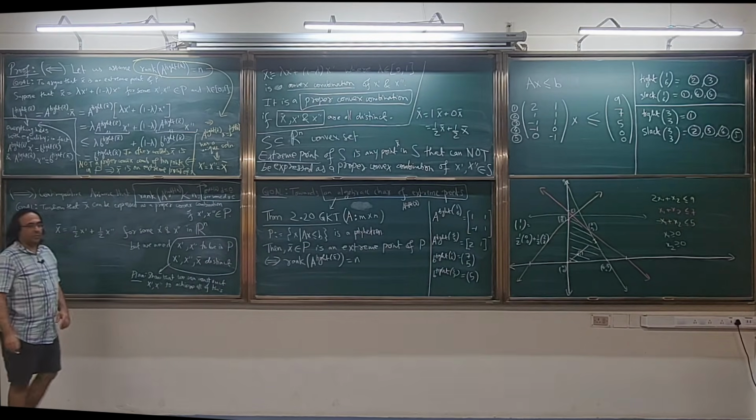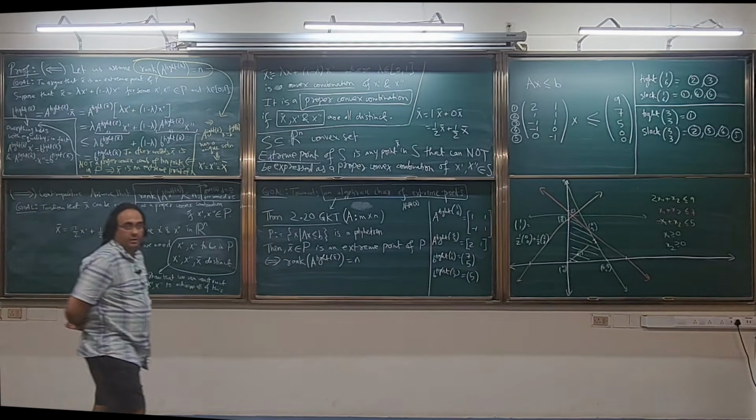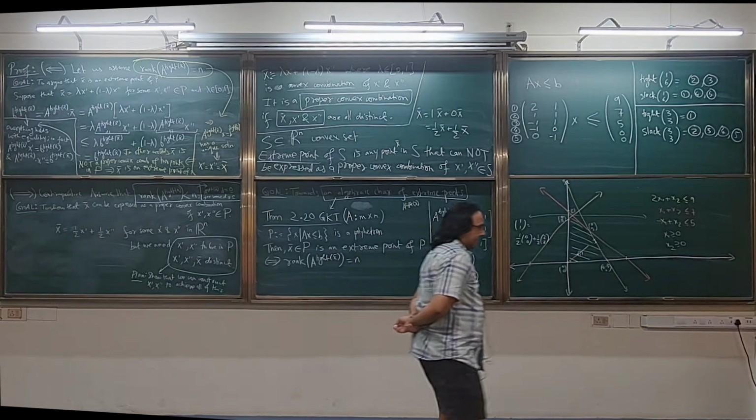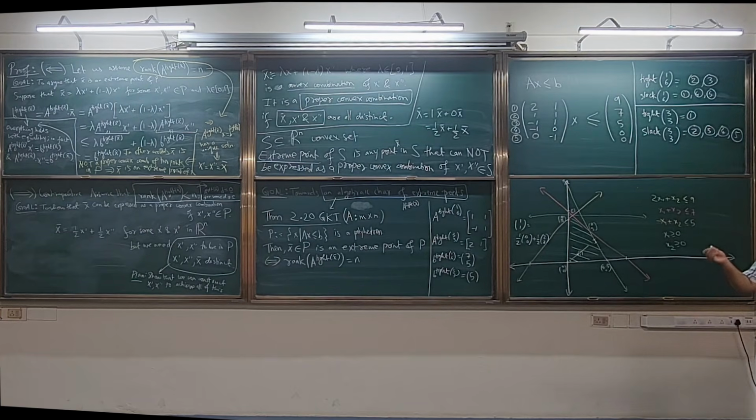You agree? There exists some linear combination of the columns so that I will get the 0 vector. But it is a non-trivial linear combination, which means that d itself cannot be 0, of course, that is trivial.